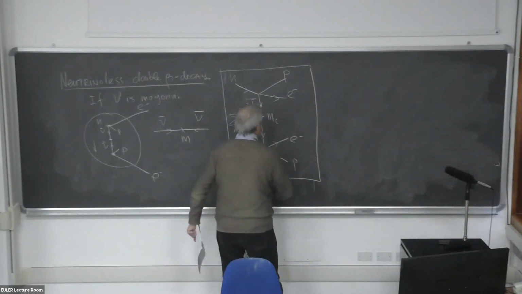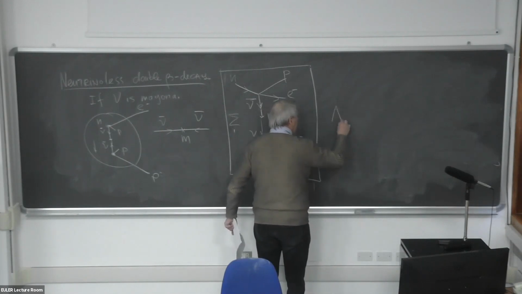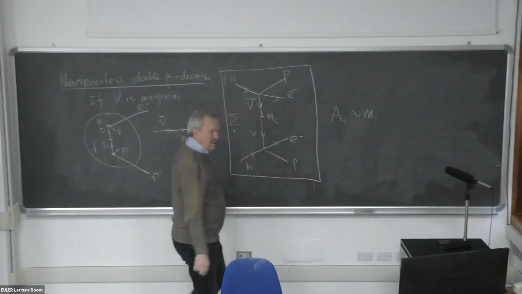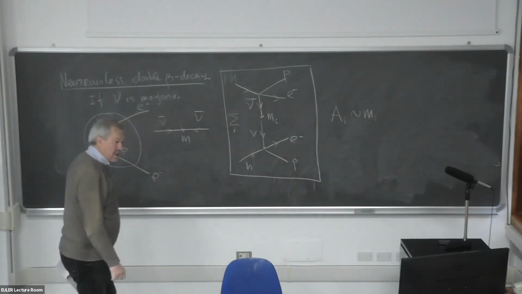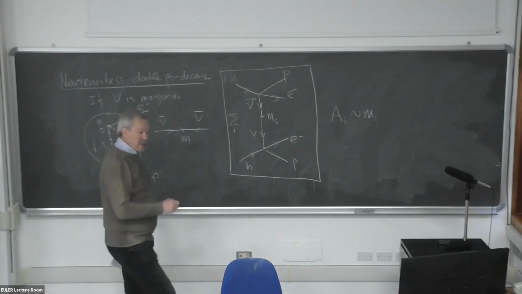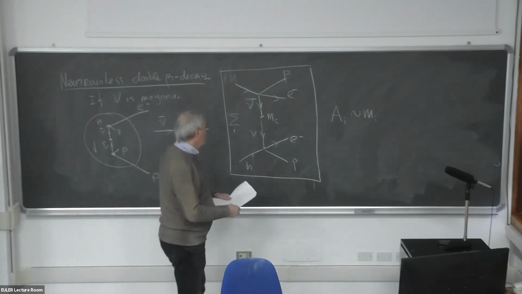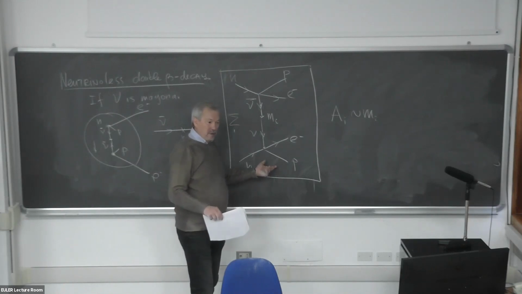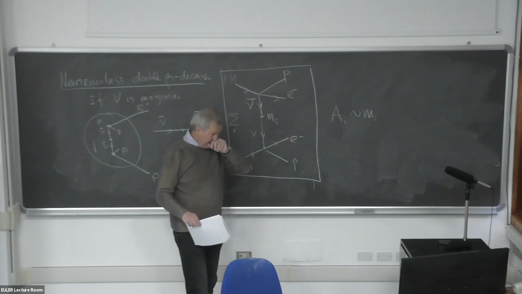For each of these states, clearly the amplitude of this process is proportional to the Majorana mass of neutrinos. And this way we can measure Majorana mass of neutrino observing neutrinoless double beta decay, because its probability is proportional to the Majorana mass squared.